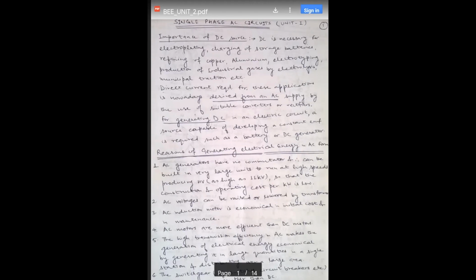The main benefits of both AC systems and DC systems are known to us, and the good thing about them is that they are interchangeable.